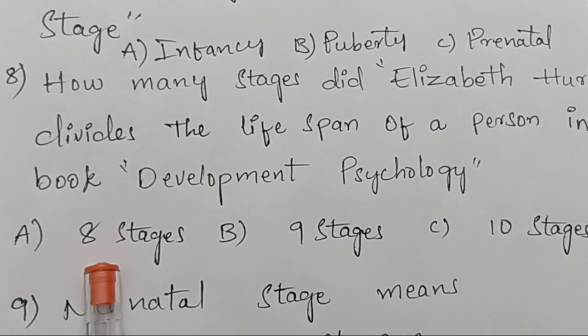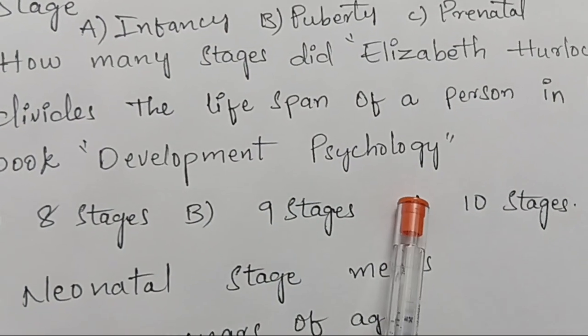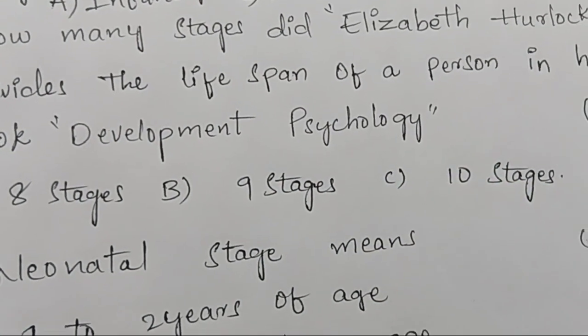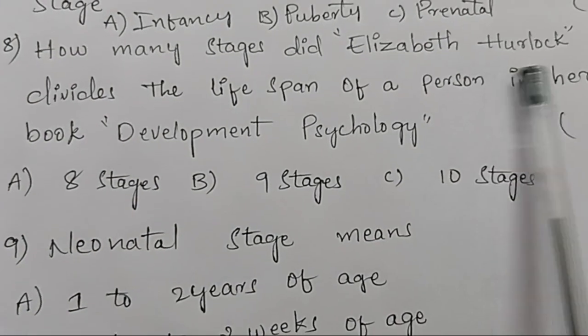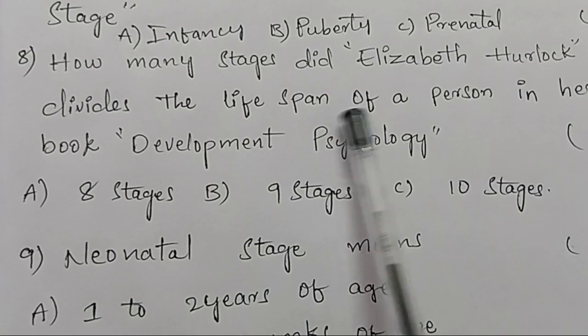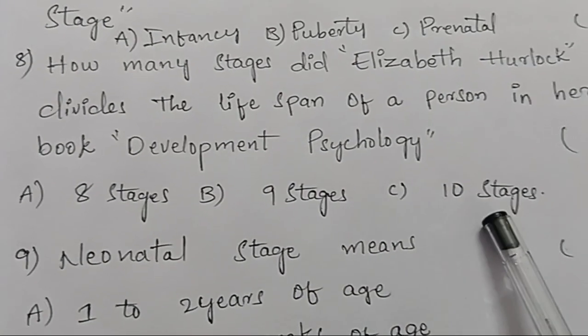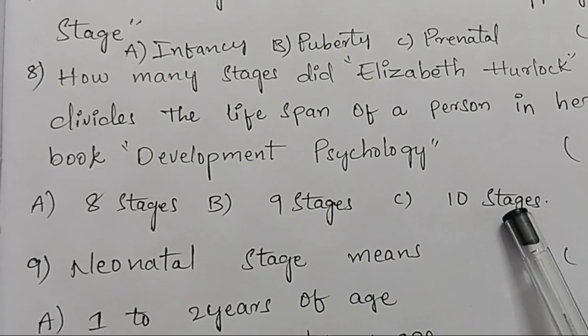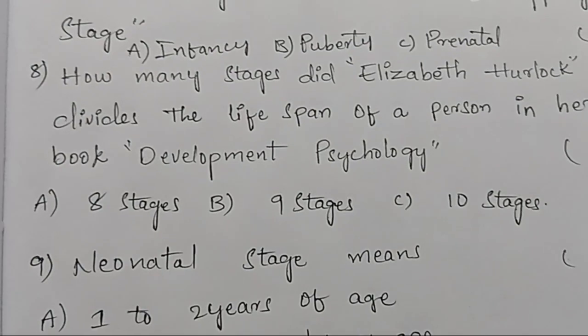Option A, 8 stages. Option B, 9 stages. Option C, 10 stages. Elizabeth Hurlock divided the lifespan of a person in her book into 10 stages. Option C is the correct answer.